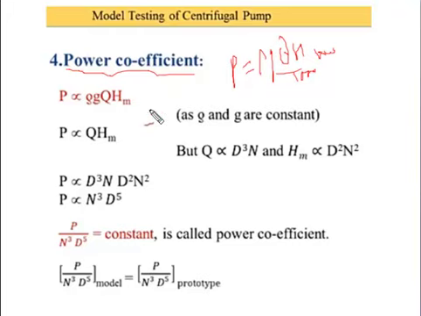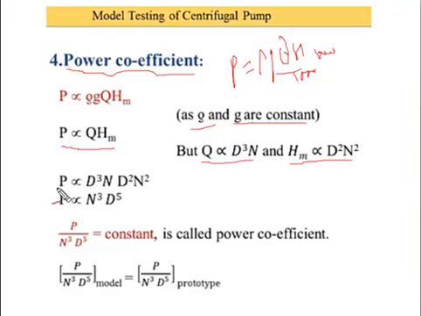Here from this equation we get power is directly proportional to rho g q hm. In this equation, as rho and g are constant, eliminating the constant parameters, we get P is directly proportional to Q into hm. But we also derived Q is directly proportional to d to the power 3 into n, and hm is directly proportional to d square into n square.